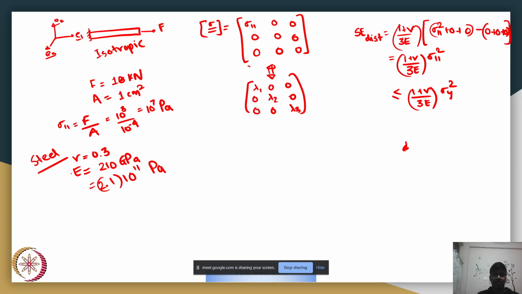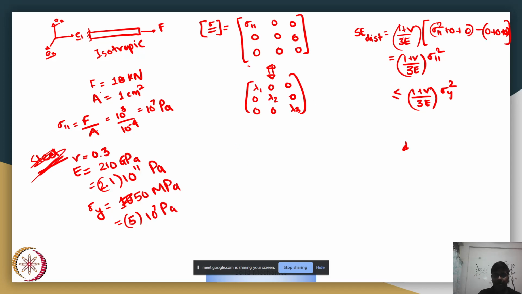Right now, sorry, I forgot the value for yield stress. Suppose we take yield stress to be, say, 50 megapascal. That would basically mean that this is 5 into 10 to the power 7 Pascal.